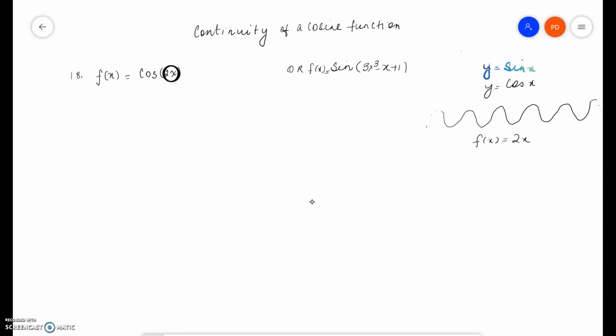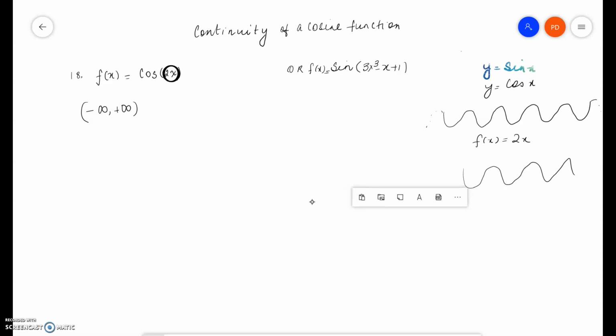So if 2x is continuous everywhere, then cosine of 2x is also continuous everywhere. It's again a periodic function. So then the function is continuous at every real number. So it's continuous in the interval negative infinity to positive infinity.